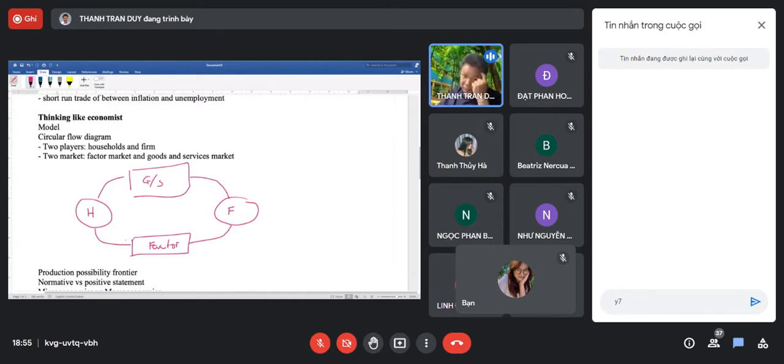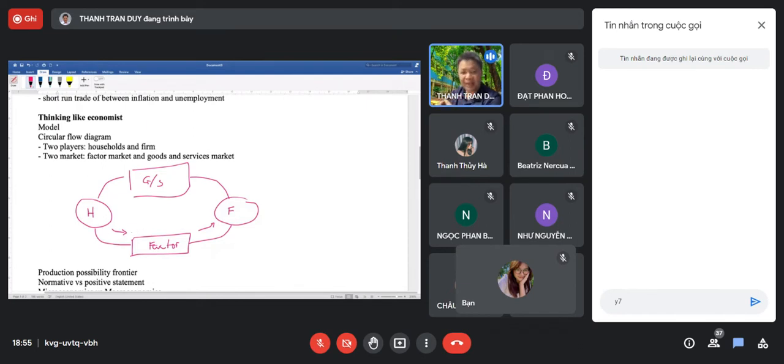So in factor market, who are suppliers? The household will be supplier. Exactly. The household is the supplier.